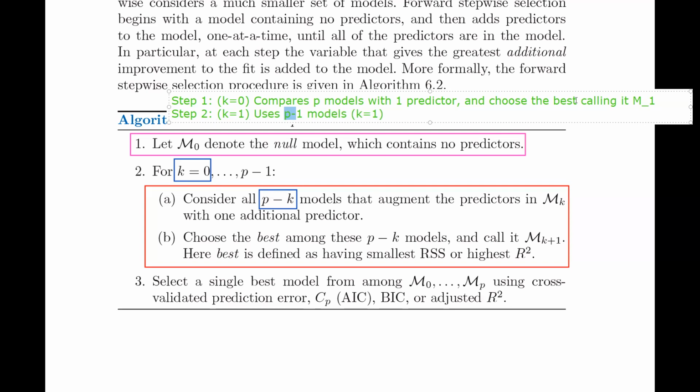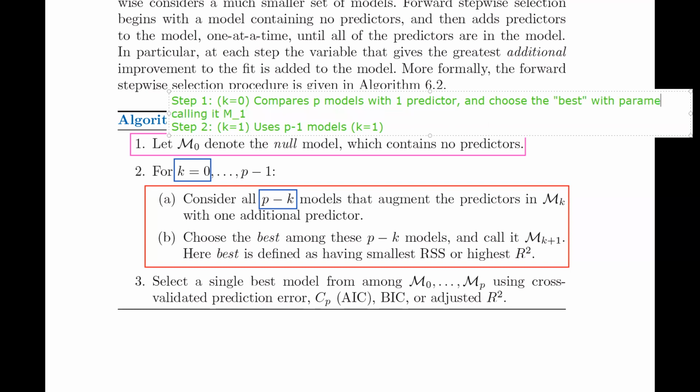So for instance, this so-called best one. Let's say we chose parameter, let's call it parameter A. Parameter A from the p parameters.